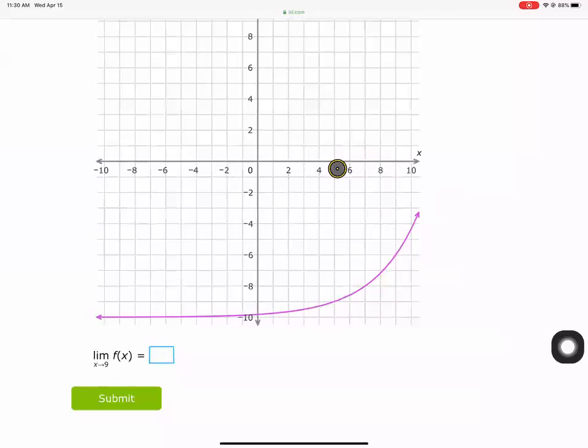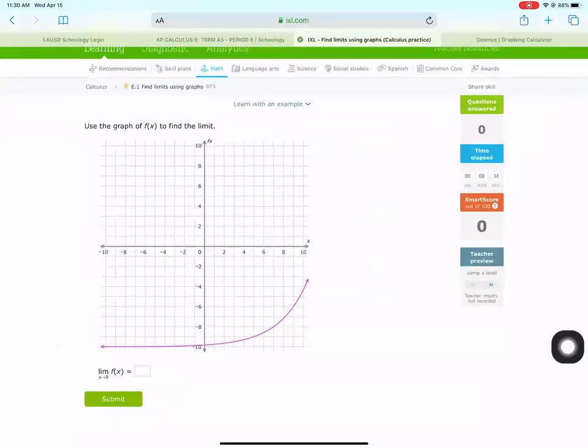At 9, when x is 9, the graph looks like -6. You guys all see that? Easy. Because limits are just a fancy way of saying what should it look like. And it looks like -6. It looks like a regular graph.